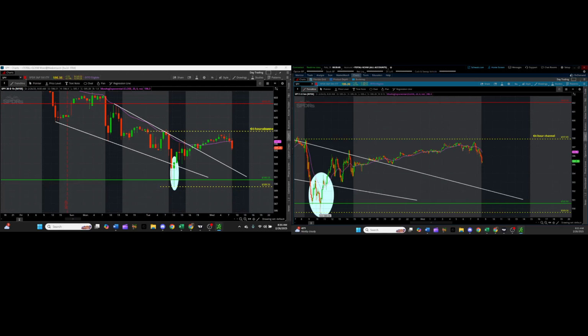I see bears kind of getting a little squeeze in, maybe a little push down. I don't trust it. I'm not gonna lie. I'd be so worried about traps. I just stay out.